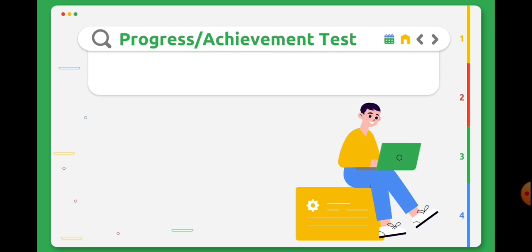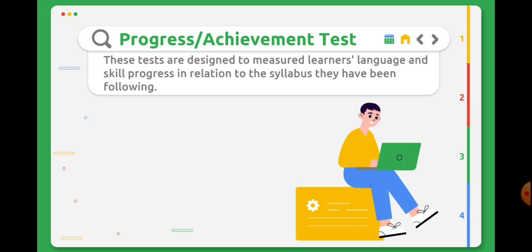The third is the progress or achievement test. These tests are designed to measure learners' language and skill progress in relation to the syllabus they have been following.